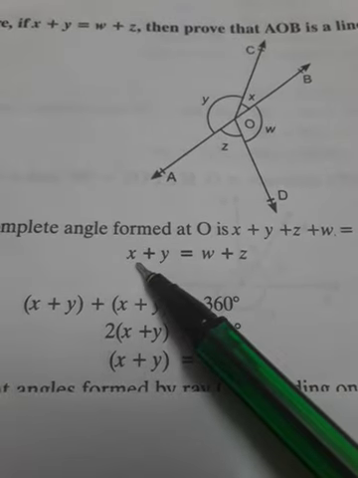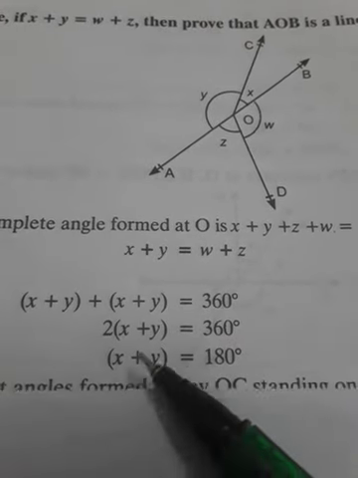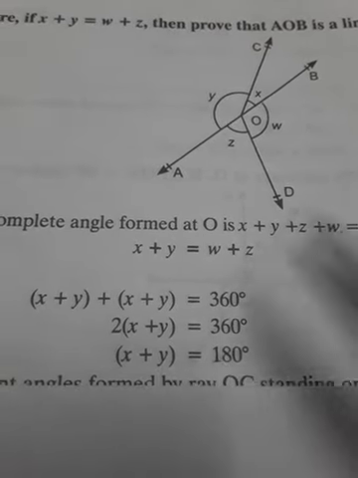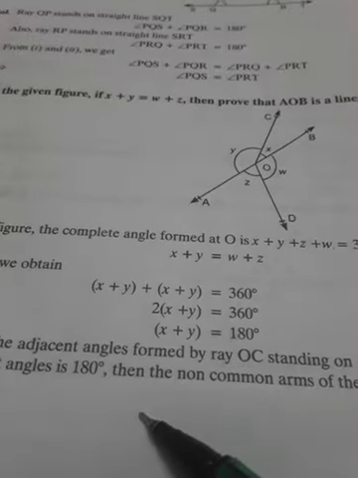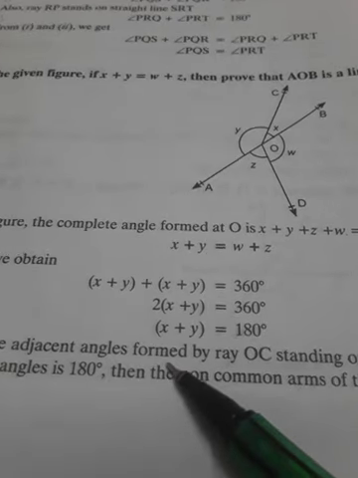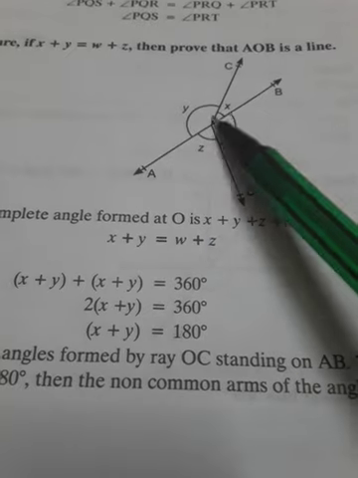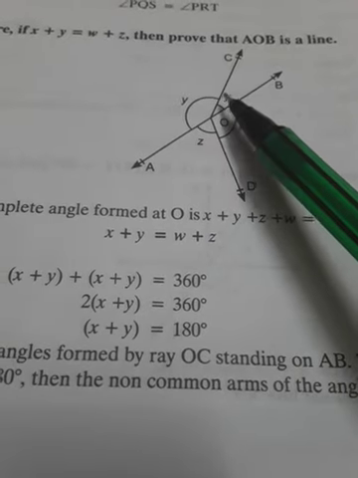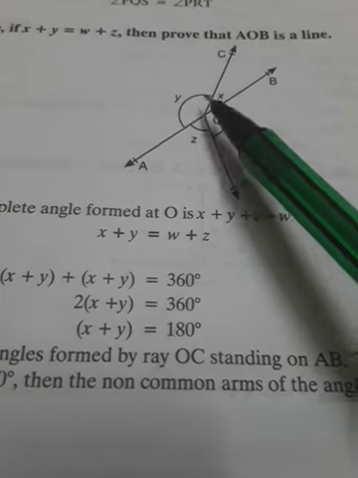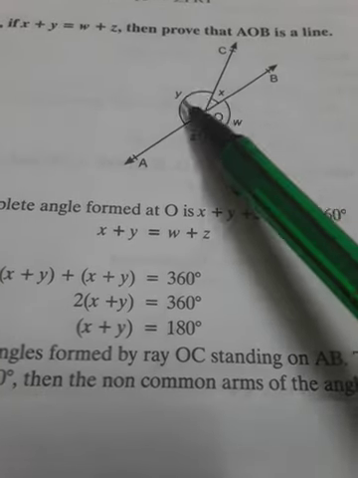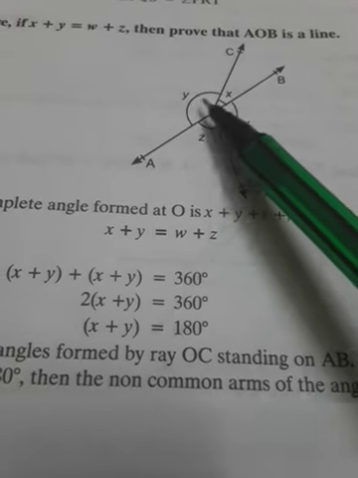Then in the question it is given that x plus y and w plus z are the same. So x plus y equals 180 degrees and w plus z is also 180 degrees. Here we can use the converse of the linear pair axiom. X and y are adjacent angles, and their sum is 180 degrees. So x and y form a linear pair.